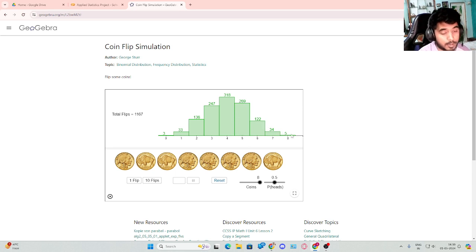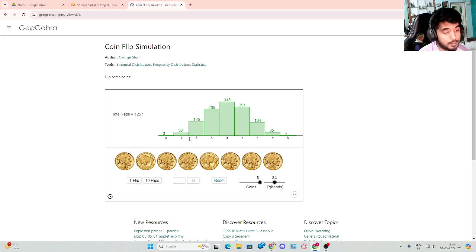And again the number of times 8 heads and 0 heads come are the least. This shows that the graph gets uniformly distributed as we increase the number of trials, which means that the mean of all these numbers tends towards the middle, which is the mean.